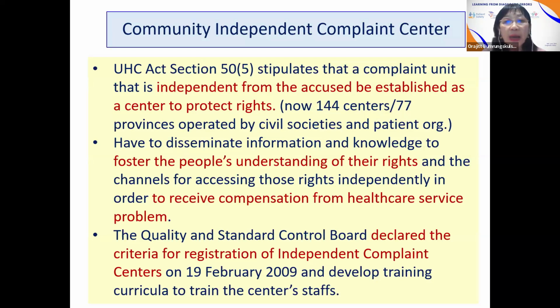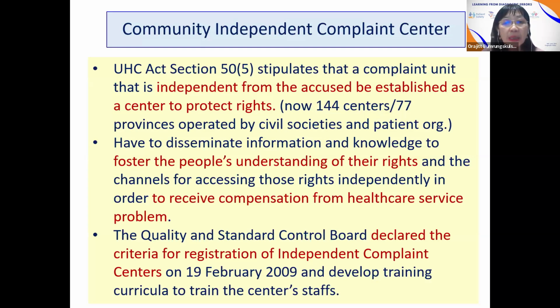As I told you, there are now 144 centers in 77 provinces, operated by civil society and patient organizations. They have to disseminate information and knowledge to foster people's understanding of their rights and the channels for accessing those rights independently, in order to receive compensation from healthcare service problems.